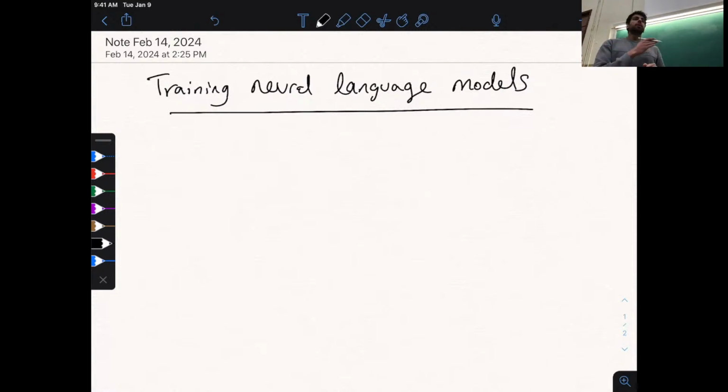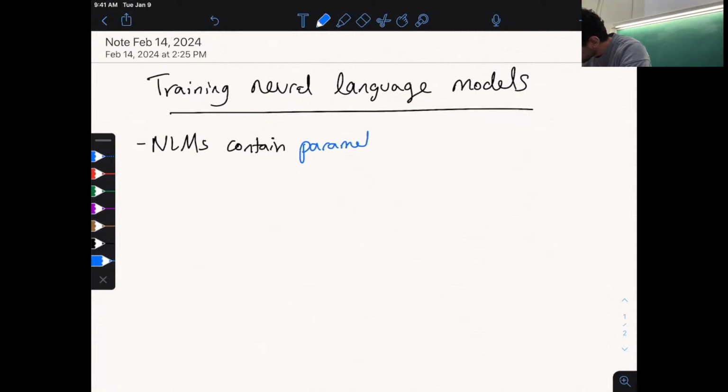So how we get from a sequence of word embeddings to a distribution over the next word. Today, we're going to be talking about how we actually make a neural language model produce good predictions of the next word. And so if you remember from last time, we said that neural language models contain what are called parameters, right?